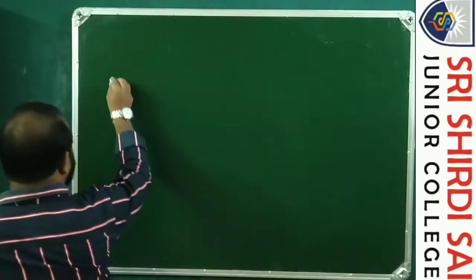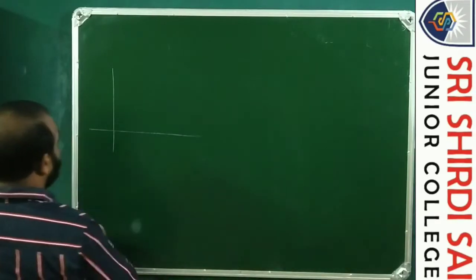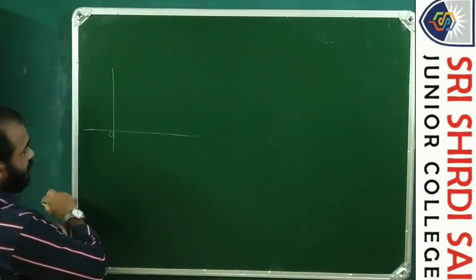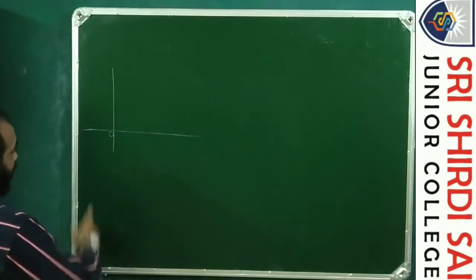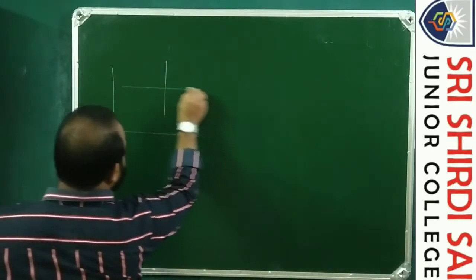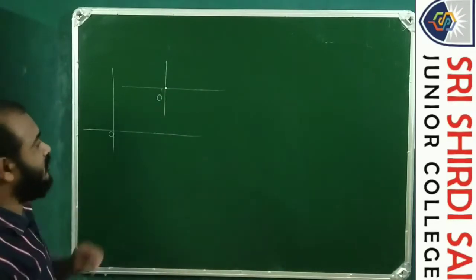So earlier this was the origin and this was the ellipse. Now the origin is shifted to some other point here. So this origin O dash is now this.